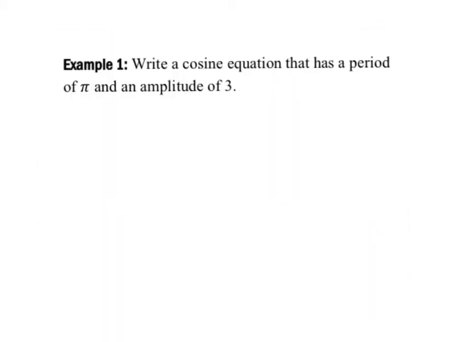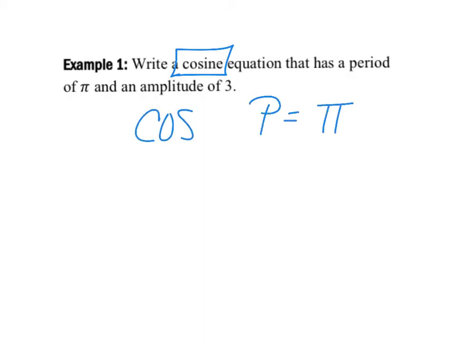All right, so let's tackle some simple questions. Write a cosine equation that has a period of pi and an amplitude of 3. So cosine is the key, so I know it's cos. They're giving me the period is pi, and the amplitude is 3. Okay, so now, in my equation, I don't actually use period, I use frequency.